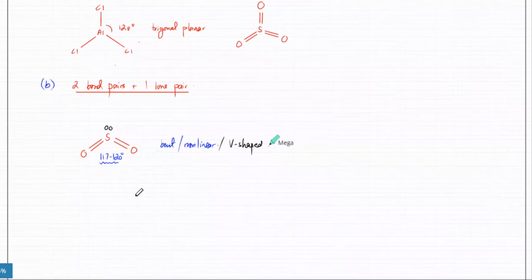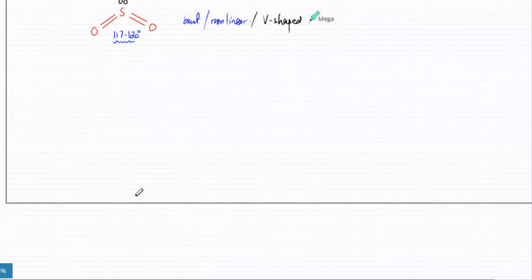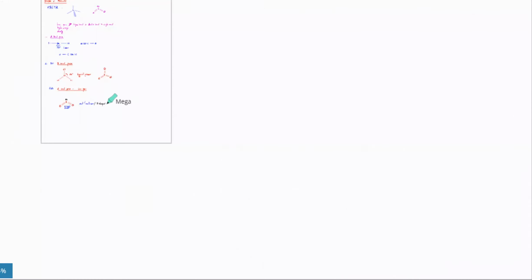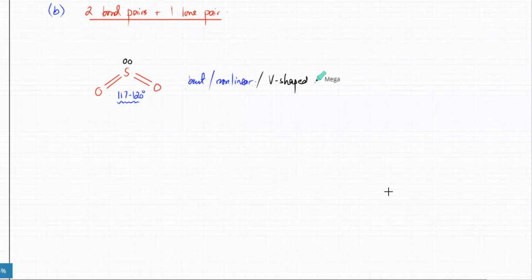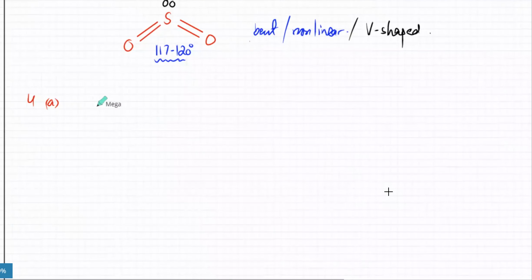So moving to the third one. The third one is if you have four pairs of bonds, starting with 4A. 4A is when you have four bond pairs.